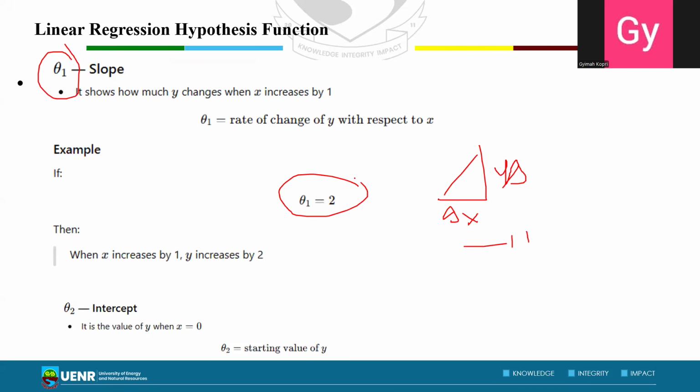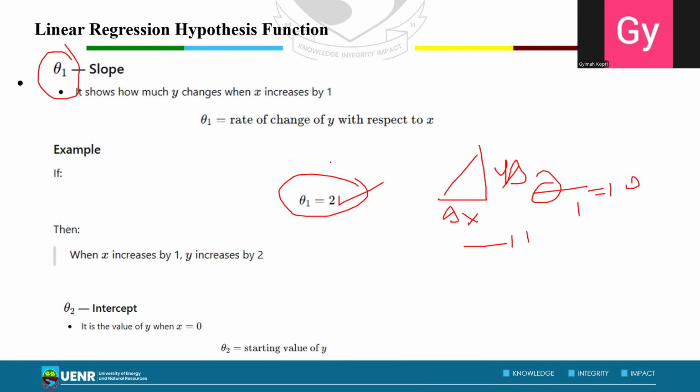If the slope is 2, it tells you that whenever x increases by 1, y will increase by 2. If theta 1 is maybe 10, whenever x increases by 1, y will increase by 10. But if the slope is 1,000, whenever x increases by 1, y will increase by 1,000.